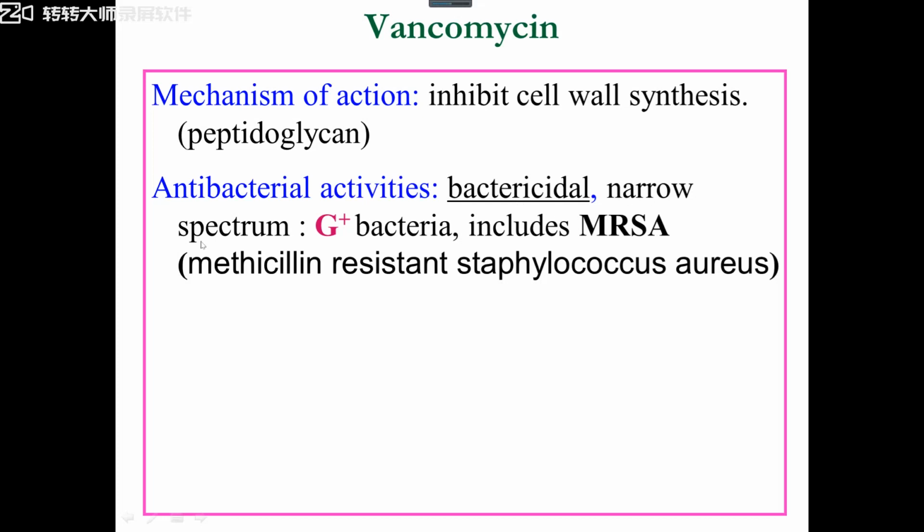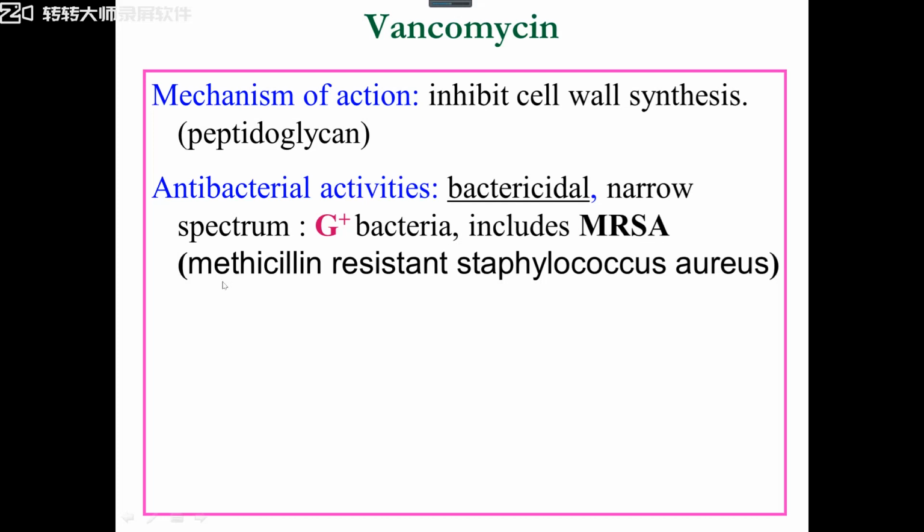Narrow spectrum because it only kills limited groups of bacteria, such as gram-positive cocci and bacillus. It also includes MRSA. It can kill gram-positive cocci and bacillus, similar to penicillin, because it shares the same mechanism with penicillin. And it can also kill MRSA.